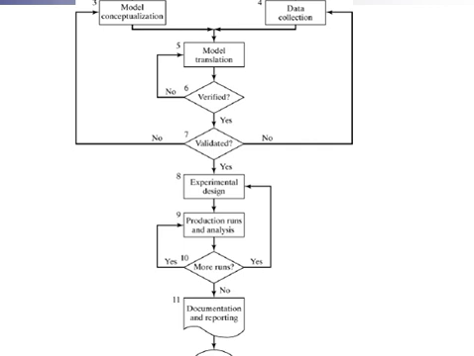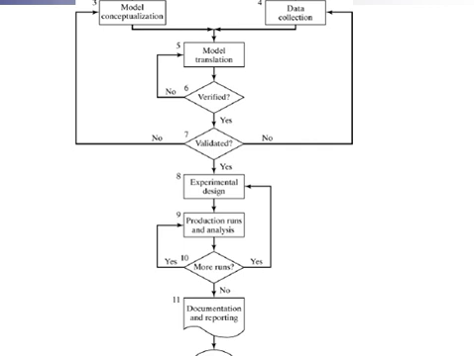In production runs and analysis, basically you are checking the performance of your analysis, whether the runs are enough or not. If you are satisfied with that, good enough. If not, then you go for more runs. For more runs, I mean more replications, right? More iterations.